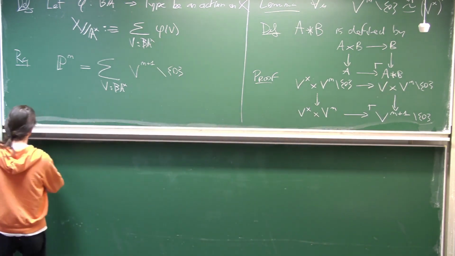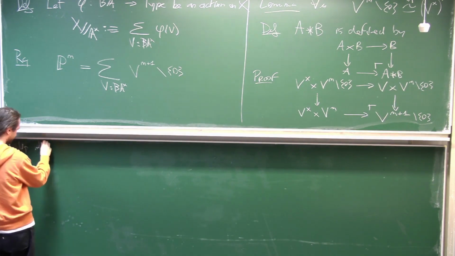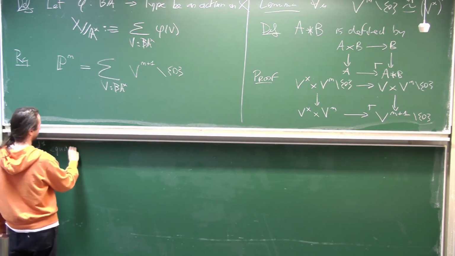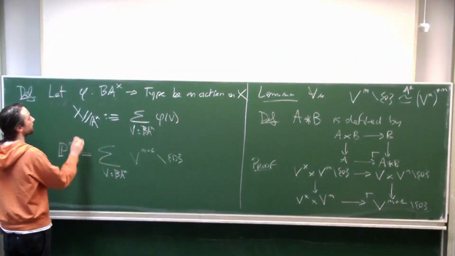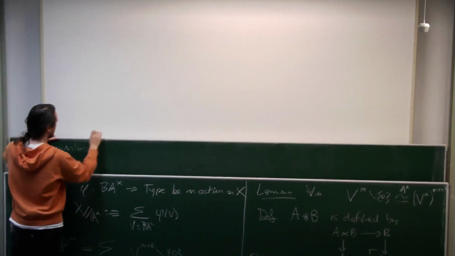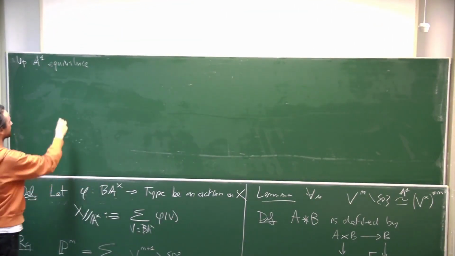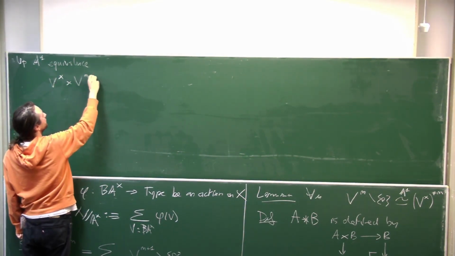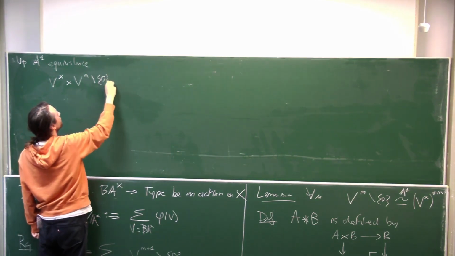And so, up to A1 equivalence, the diagram is just V times n minus 0.